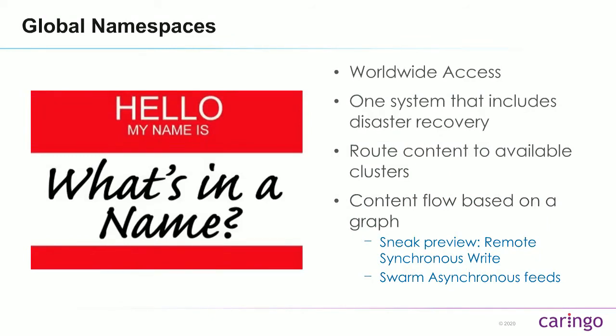So, what we were just speaking about, worldwide access to content. That's kind of easy to say, and sure, you can route requests from all over the place if you want to, but let's say you have offices in a few locations and data centers in a few locations.